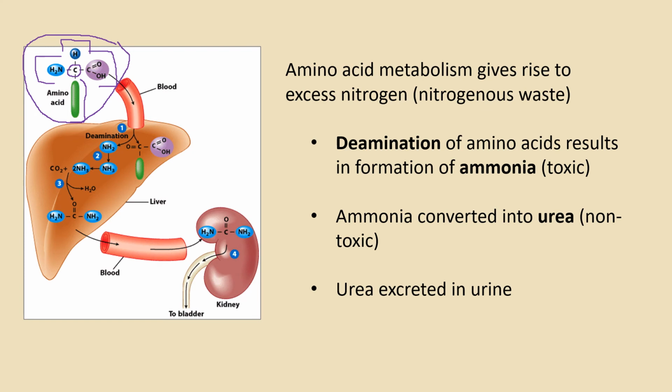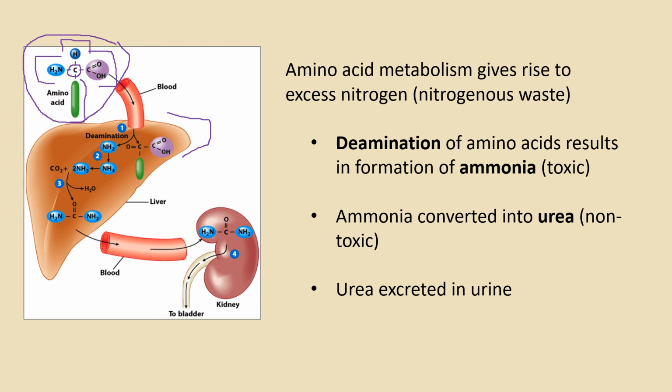So there's an amino acid in your blood, and it gets taken up by a hepatocyte, by a liver cell. This brown blob right here is the liver. It gets taken up by a liver cell, and that liver cell is going to use that amino acid for something. It's going to use that amino acid to make ATP, or maybe make new molecules of lipid, or maybe make new molecules of glucose.